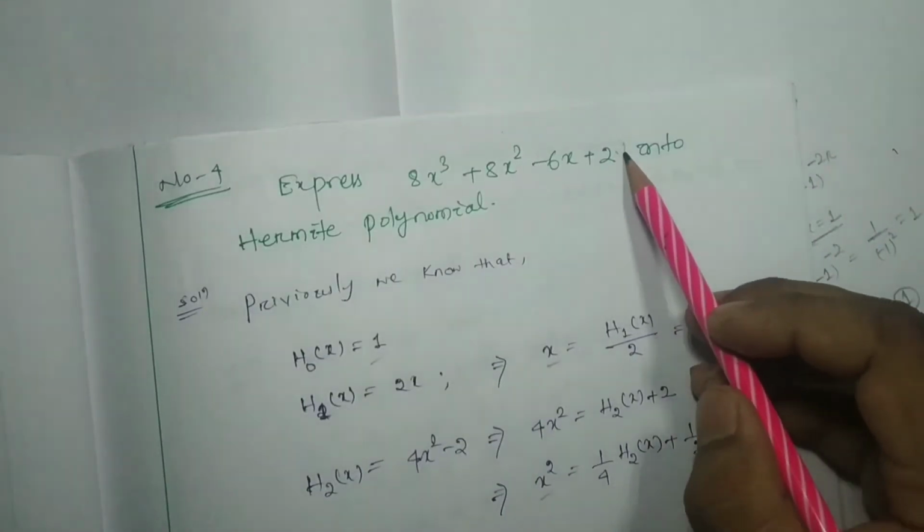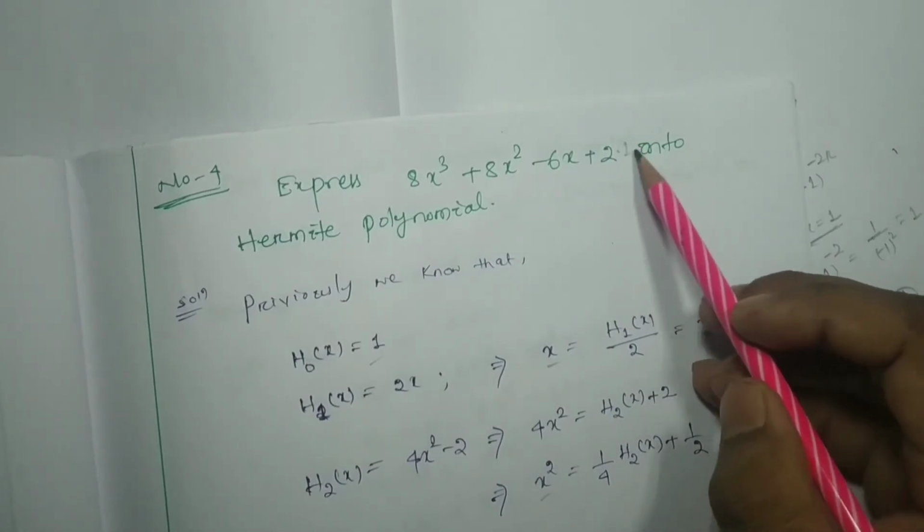Here 2 into 1, instead of 1 we can write H0(x).